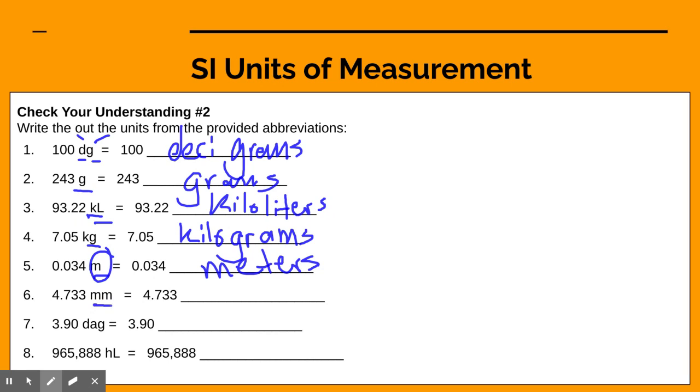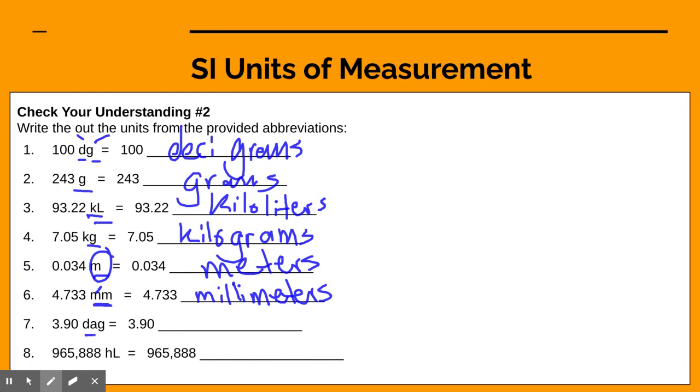Now here, number 6 is the perfect example of the prefix plus the root, in this case, meters. So we've got the prefix m for milli, milli, 2 L's, and then the second m for meters.